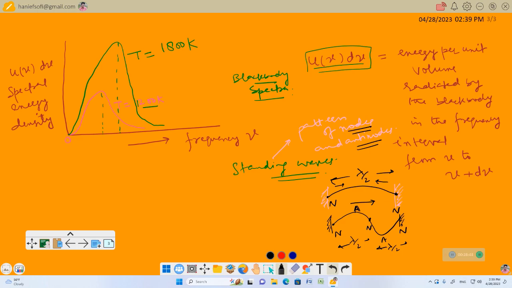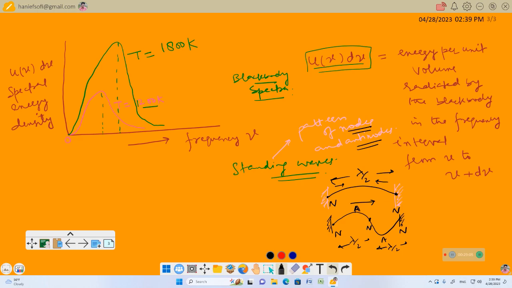Similar is the case of the cavity radiation. If you consider the radiation in the cavity as standing waves in three dimensions, and the cavity walls are considered as perfect reflectors, that means the ends of the cavity walls must be nodes.